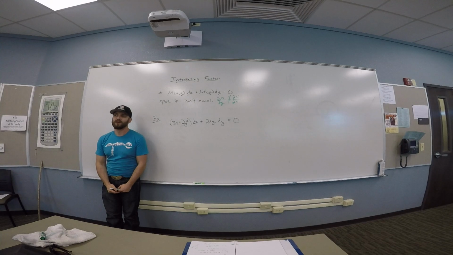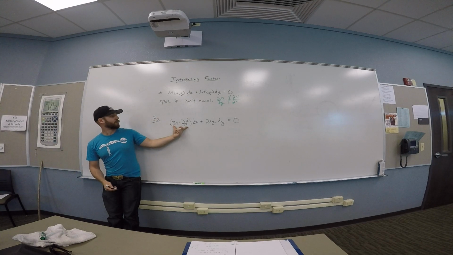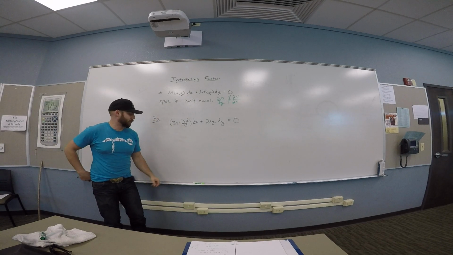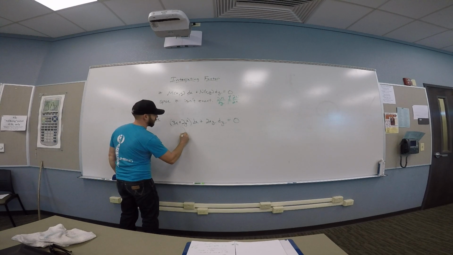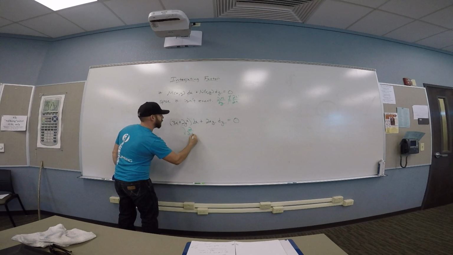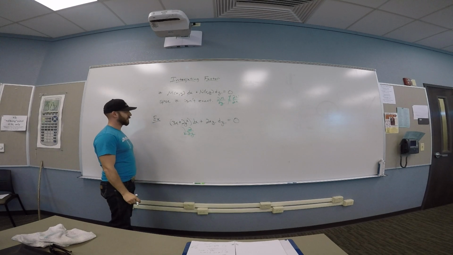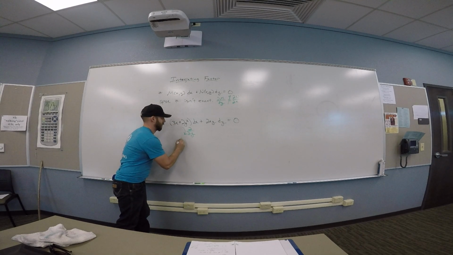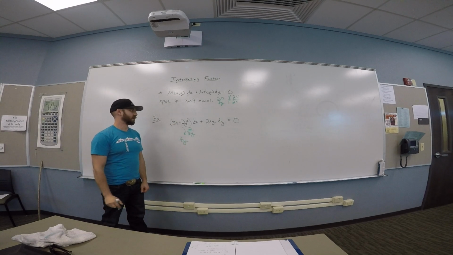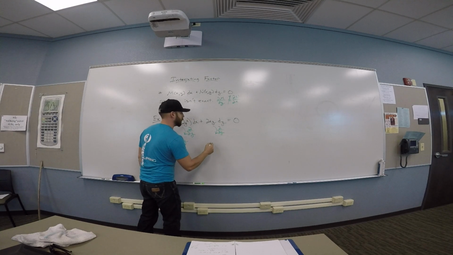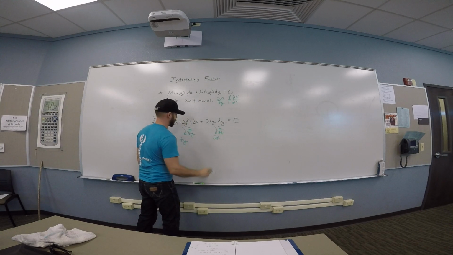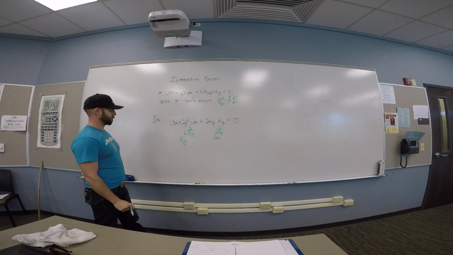So, take some partials. Partial of this with respect to y gives you 4y. This guy's partial with respect to y gives you 2x.